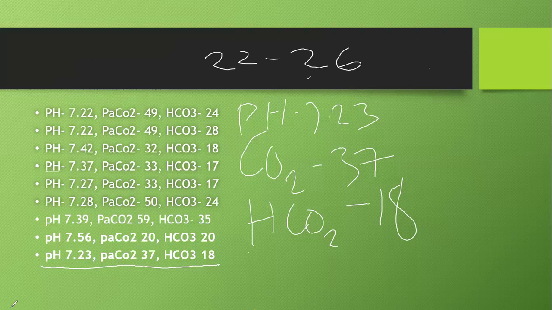So when you have more bicarbonate in the system, it is a base. Then if you have less bicarbonate in the system, it is likely to be acidic or acidosis.